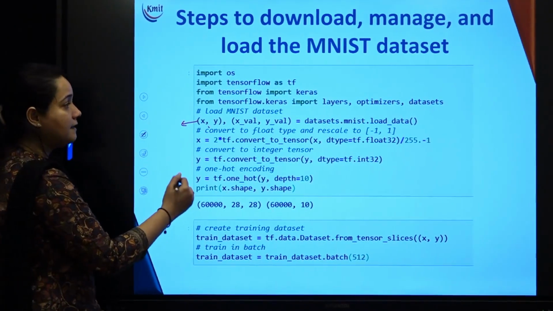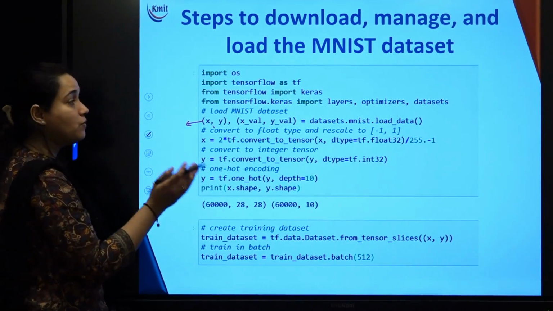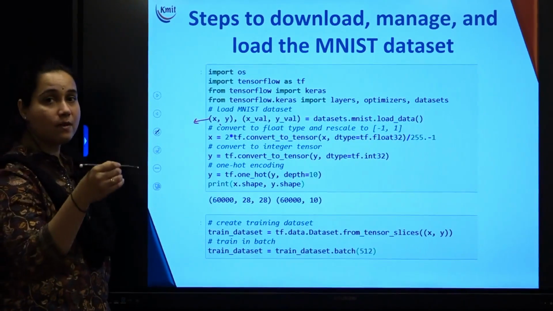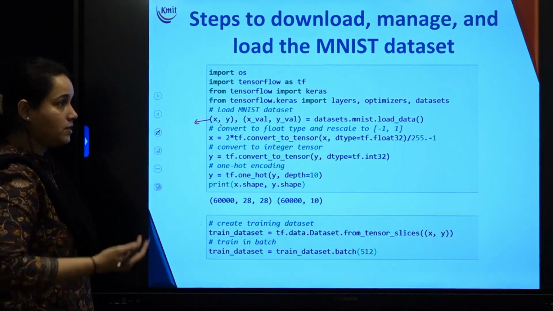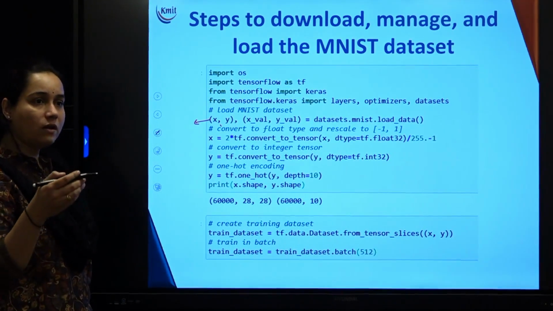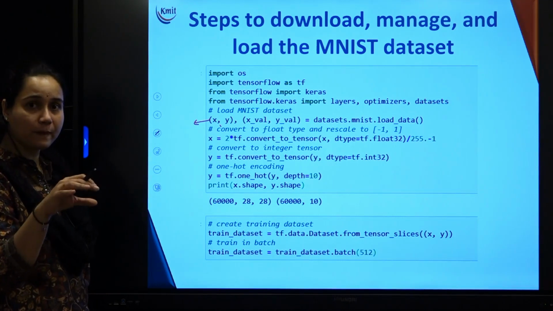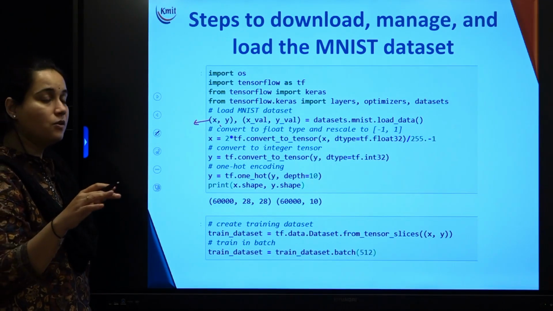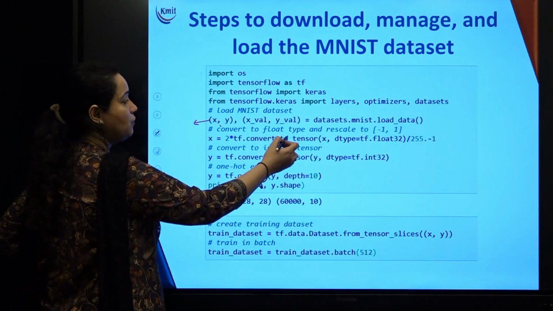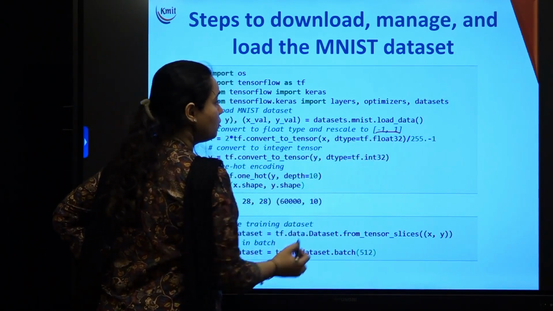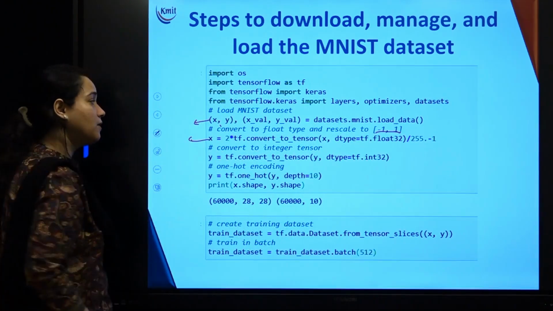Now once I get that data set, I am supposed to rescale it, because for better processing you require all the values of the pixels to be around 0. In that way the processing will be better. So that's why you have to convert it into float and rescale it to -1 to 1. That's what I am doing in this particular step.